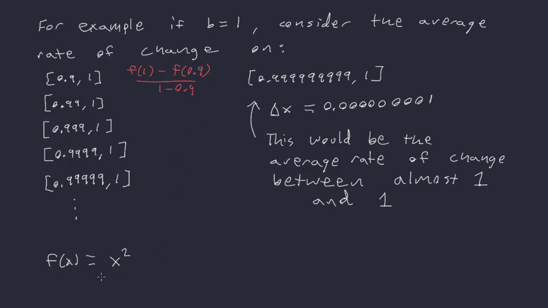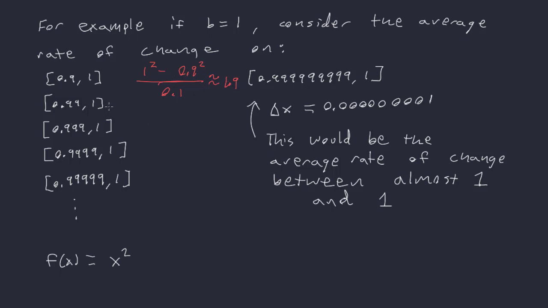So that's going to be 1 squared minus 0.9 squared all over 1 minus 0.9, which will be 0.1. When we calculate this, I got about 1.9.